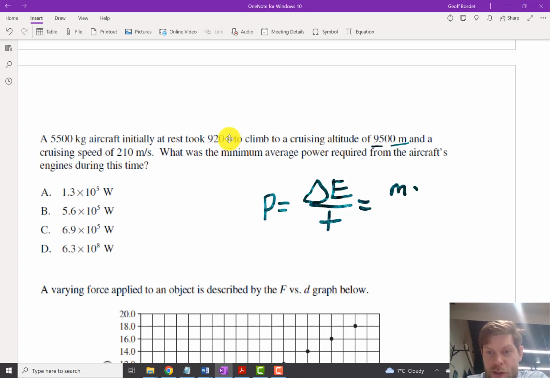It can be both, further up in the air and faster. So our change in energy is mgh plus 1/2 mv squared, because both of those energies changed, and time is 920.